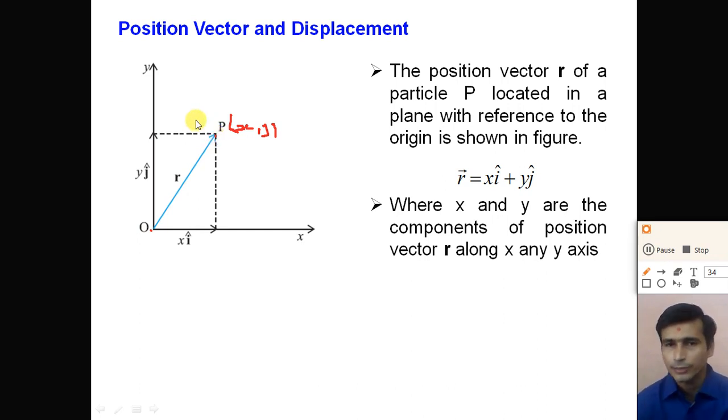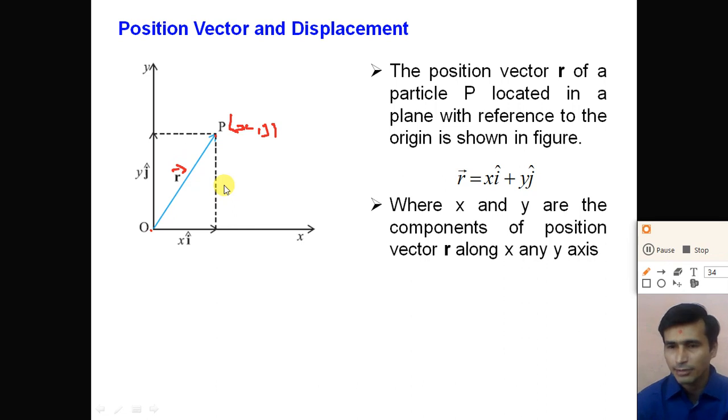So what is the position vector? The position vector is a vector joining the origin or a reference point to any point in the xy plane, and the position vector is represented by a vector r.